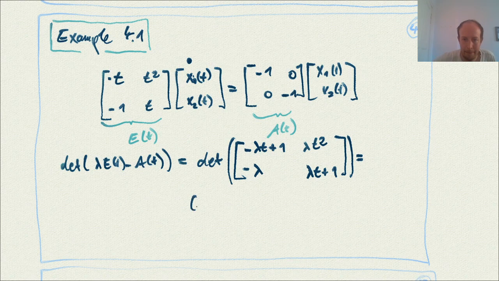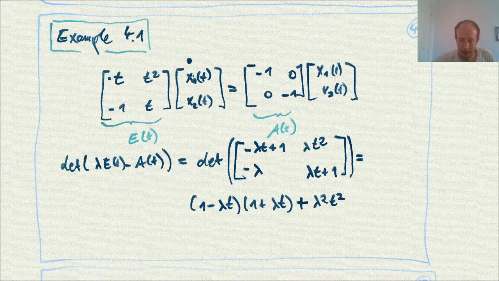Okay. 1 minus λt times 1 plus λt. I switch these entries. Minus what is here, this becomes a plus, because here's a minus, minus plus λ squared t squared. This is 1 minus λ squared.